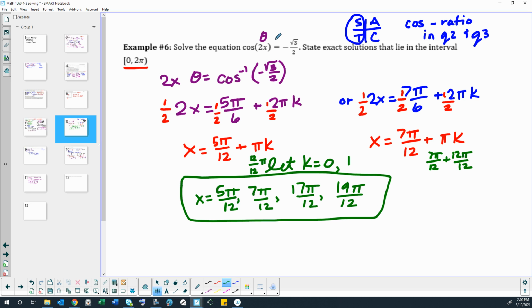If it was 3x, then we might have 6 answers. It takes that number inside of our argument and multiplies it times what we would normally have. Or if it was cosine of x divided by 2, instead of getting 2 answers, we would only get 1 answer. So just some things to keep in mind to help you know how many answers you're looking for when you're solving problems like this.